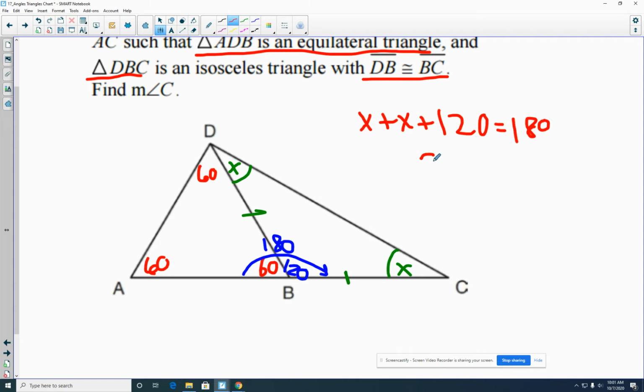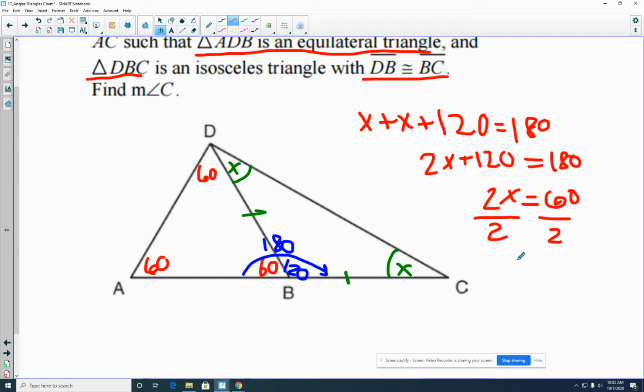That means that I have 2x plus 120 equals 180. And if I subtract 120 from both sides, I get that 2x is equal to 60. Divide by 2, x is 30.